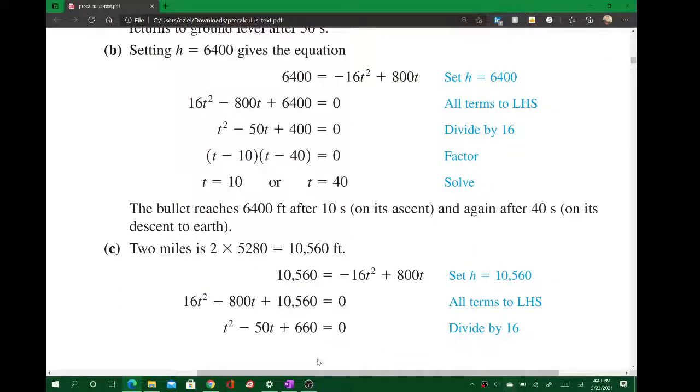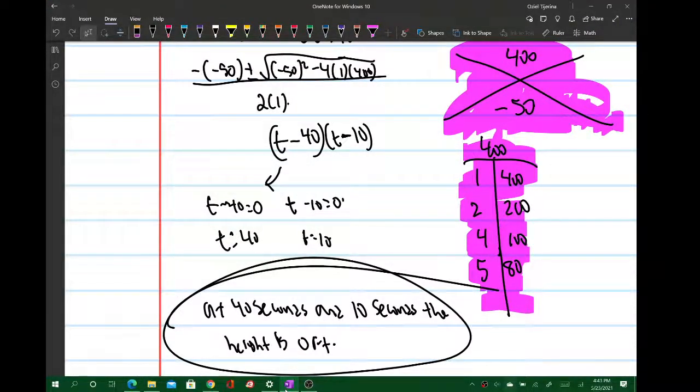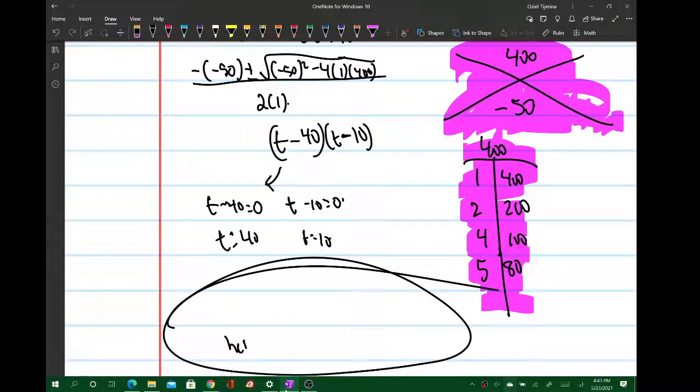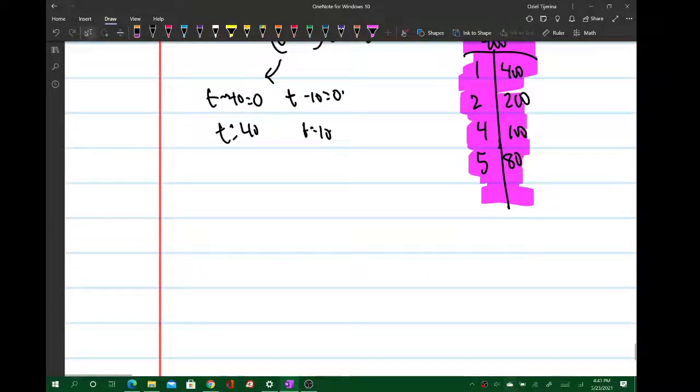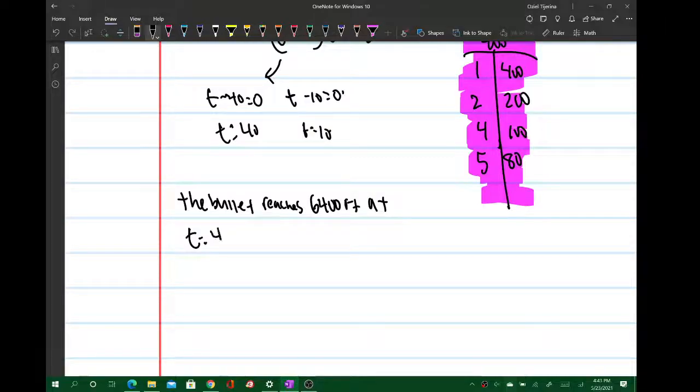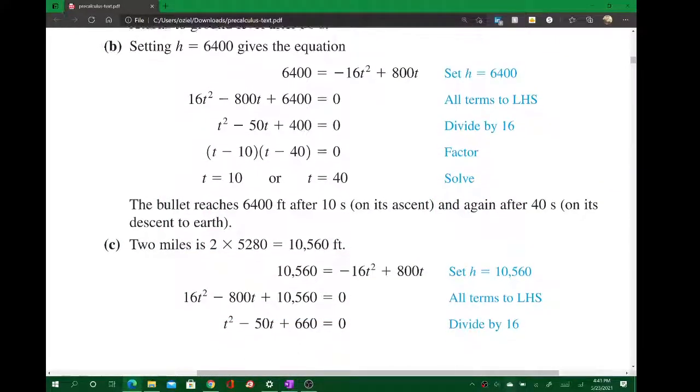So you would say the bullet reaches 6,400 feet at t equals 40 seconds and t equals 10 seconds, right?